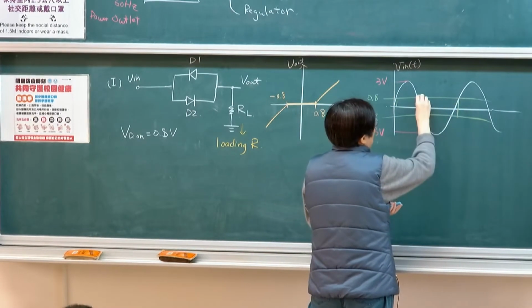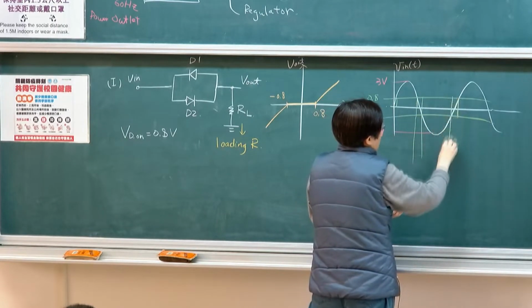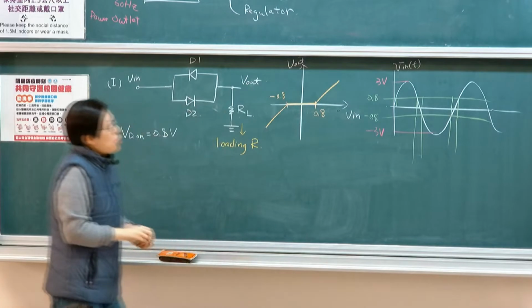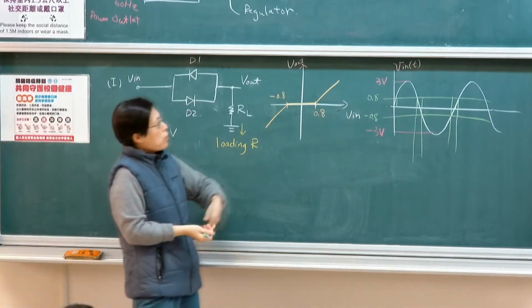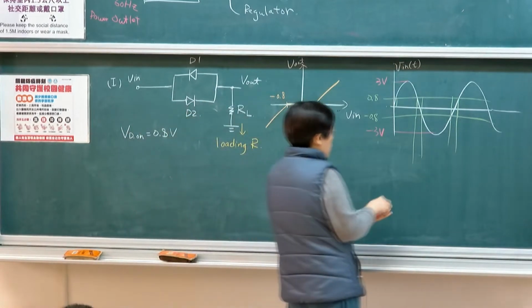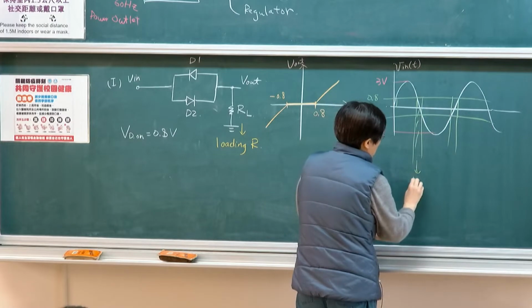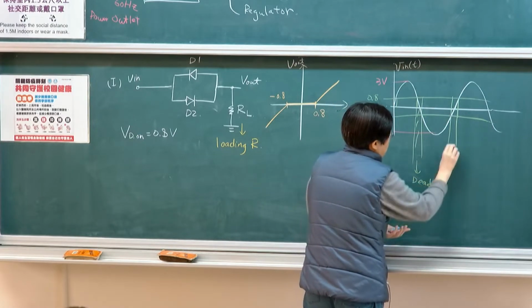Let me try to plot it. There are basically two zones. One is where it follows the input, and there's the dead zone. So you identify these are the dead zones. Within here, these are dead, meaning that it does not follow.